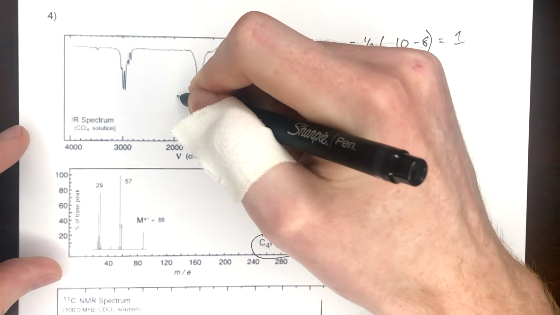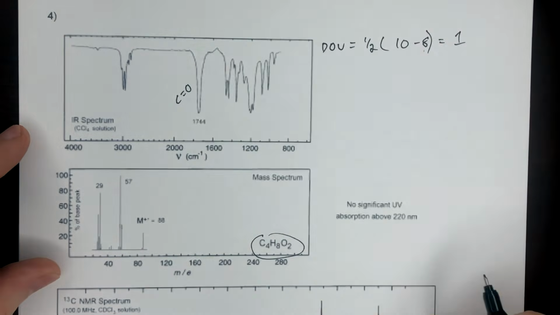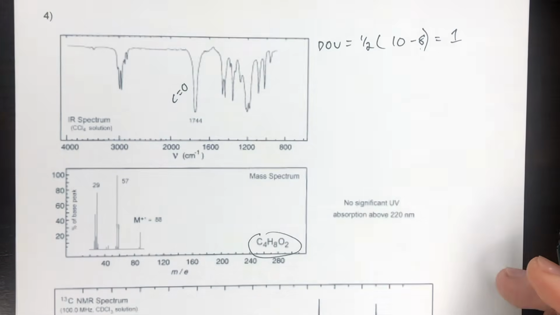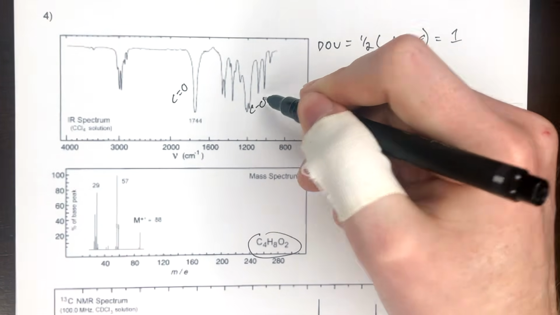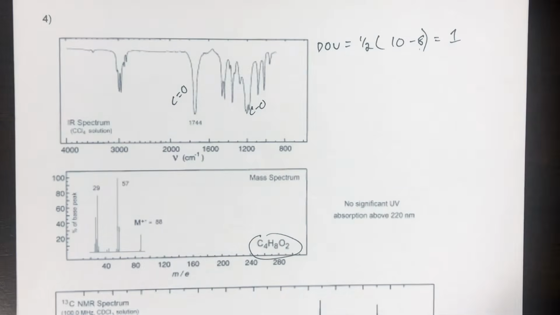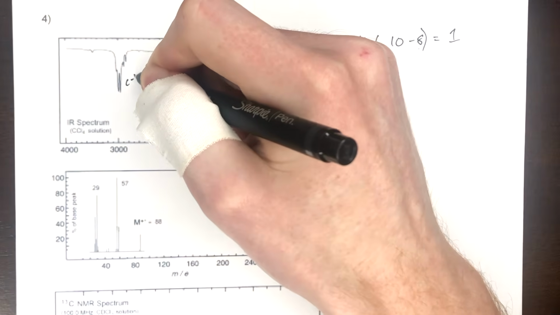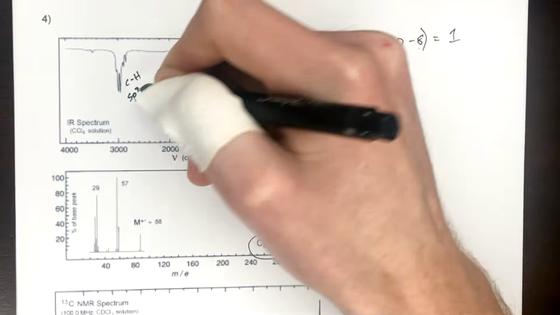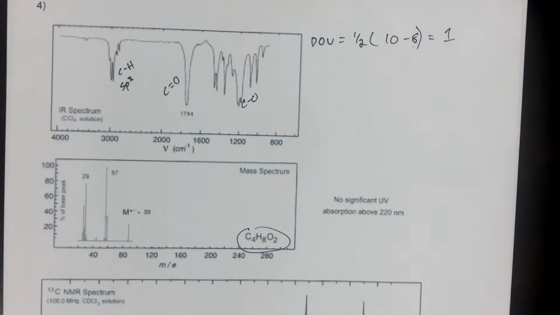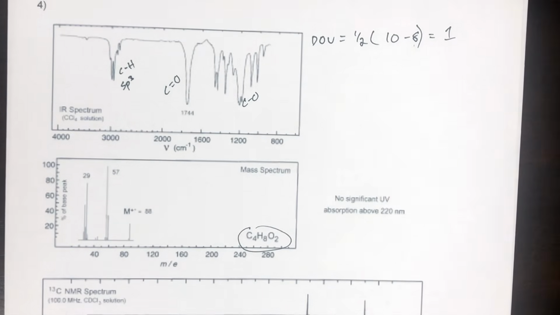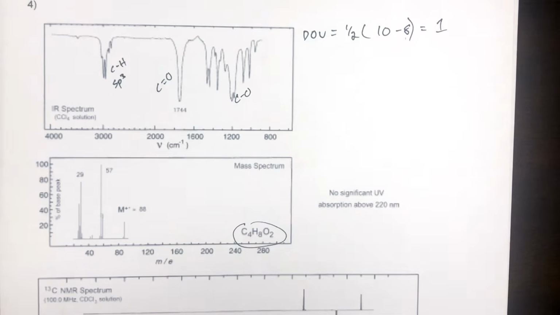And then in our IR, we see a carbonyl, C double bond O around 1700, 1750 in this case. And we see a C-O signal around 1200, and then our sp3 CHs. Not much more information we can get from the IR, so we'll move along to the C-13 NMR.